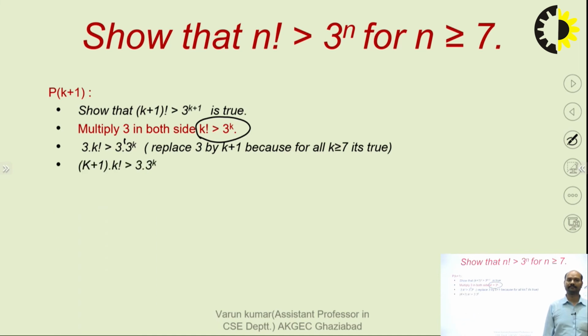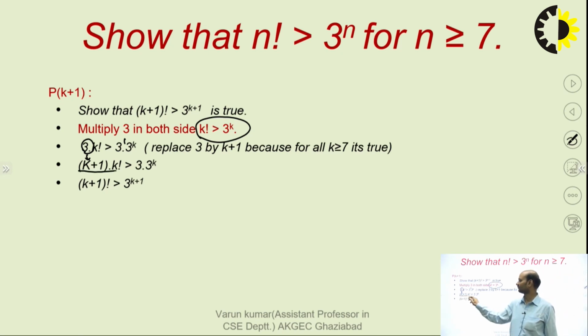Then we replace this 3 with k plus 1, because k plus 1 is always higher than 3, so it is always greater than the previous value, that is 3 dot 3 to the power k. What is the formula of k plus 1 factorial? That is k plus 1 dot k factorial.